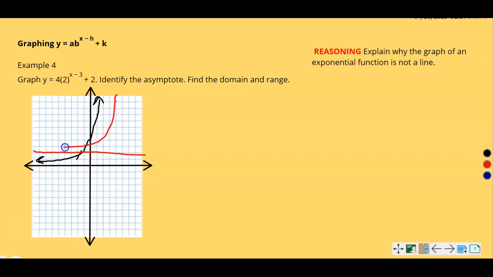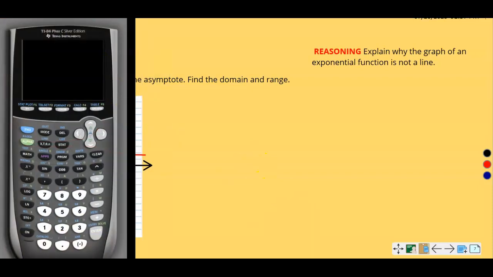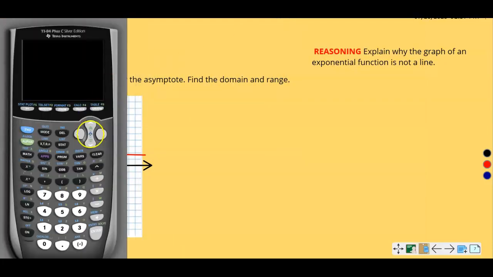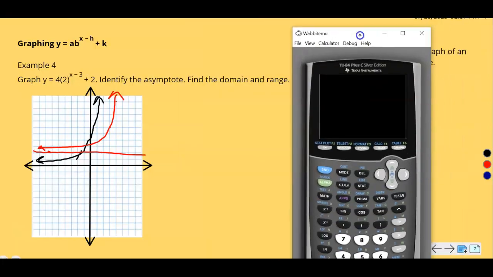It's going to be the same graph, but remember, I did shift it right 3 and up 2. So it means every point went right 3 and up 2. So again, it's easier. It's probably going to look a lot nicer if we look at this on the calculator.